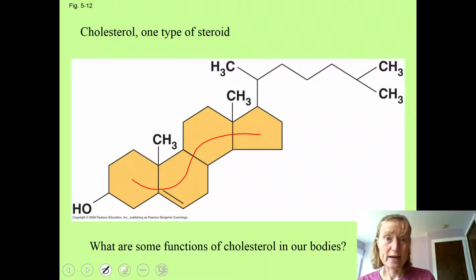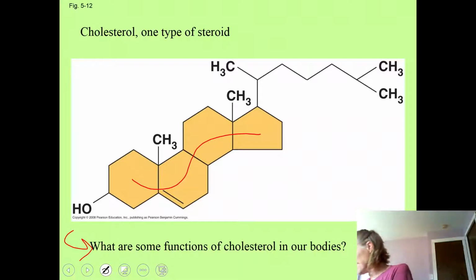Cholesterol is given a pretty bad rap, but there are real functions of cholesterol in our bodies. Let me give you a few of those functions here. I'm just reading them so that I can remember all of their functions. It's found in membranes in animals, so it's important in biological membranes.